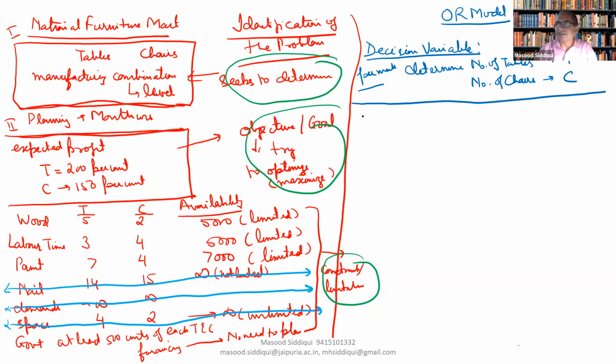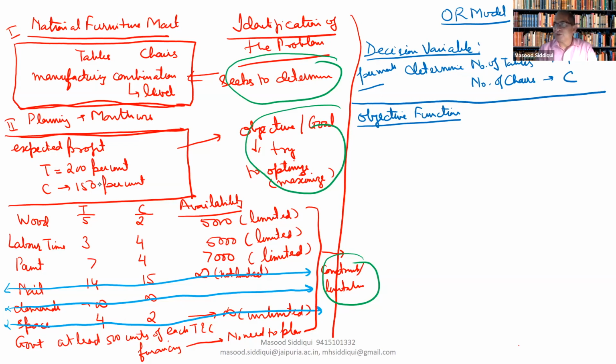The second part is related to our objective. And since we will develop a mathematical function, this is known as the objective function. Here, it has been mentioned that per unit table is giving a profit of rupees 200, and per unit chair is giving a profit of 150.